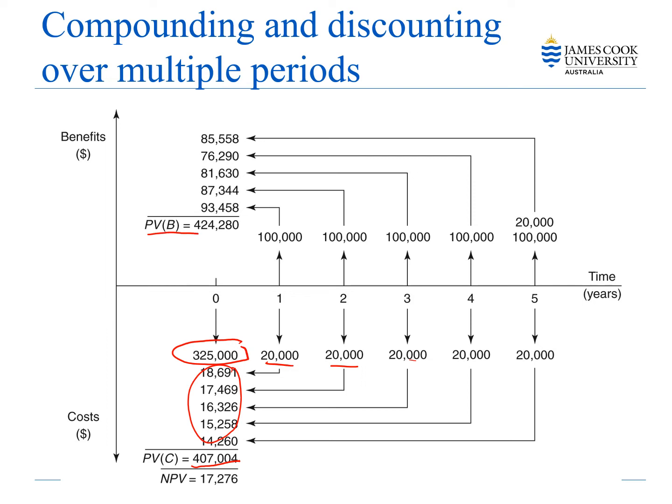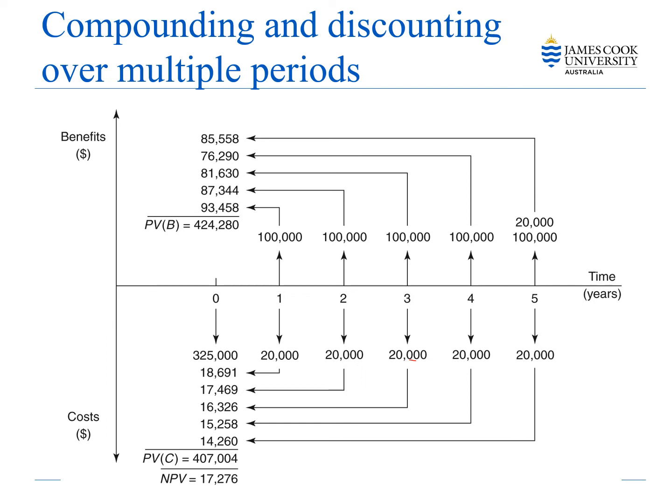Similarly, we get a present value of benefit. So present value benefit, take away present value cost, we get an NPV, which is $17,276, and the NPV is positive. We conclude that this project is efficient, we should go ahead with it. Okay, so that's the second examples.